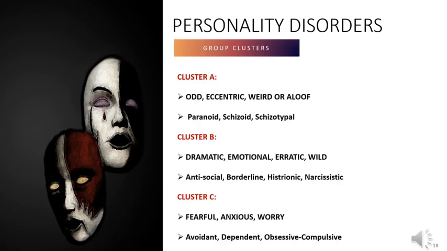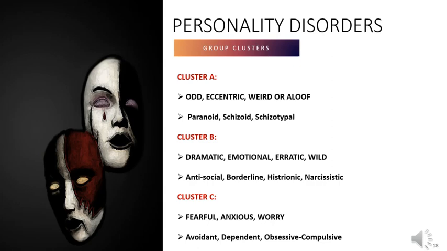There are 10 personality disorders which are grouped into clusters by their common features. Cluster A are personality disorders characterized by being odd, eccentric, weird or aloof. These include paranoid, schizoid and schizotypal personality disorders.